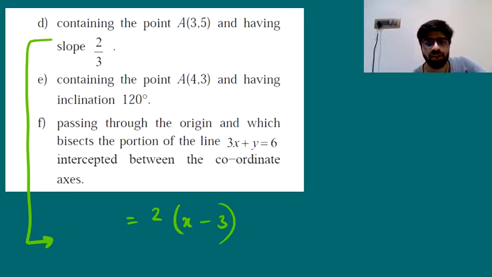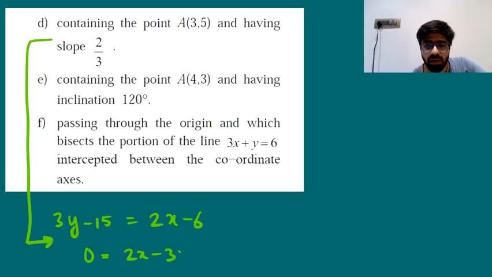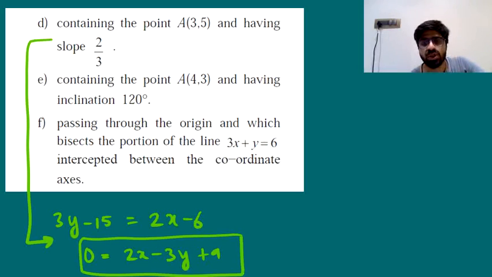This becomes 3y minus 15. Expand the right hand side, that will be 2x minus 6. And bring all the terms on the right, so that will give you 0 equal to 2x minus 3y, and minus 6 plus 15, making it plus 9 equal to 0. So that's the equation of your required line for part D.